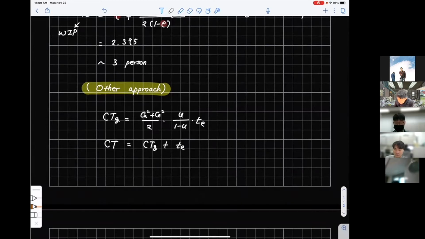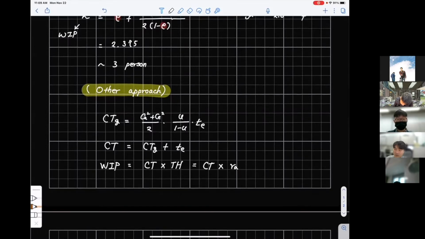Also, by use of this cycle time, we can calculate the WIP by multiplying by the throughput. But here, this throughput is the same as the arrival rate here.